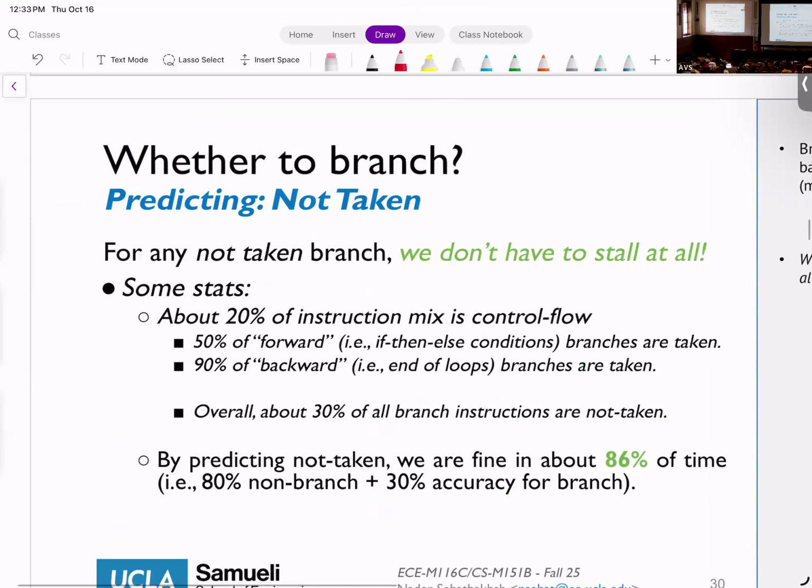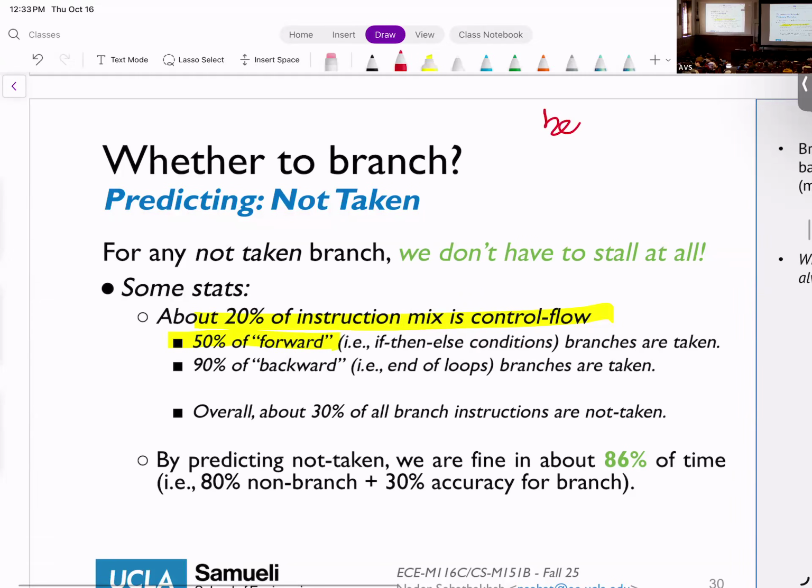So let me give you some stats. Remember I told you that 20% of instructions are control flow, some form of a branch. Out of that 20%, 50% of forward branches are taken. Branches could be forward or backward. What does that mean?